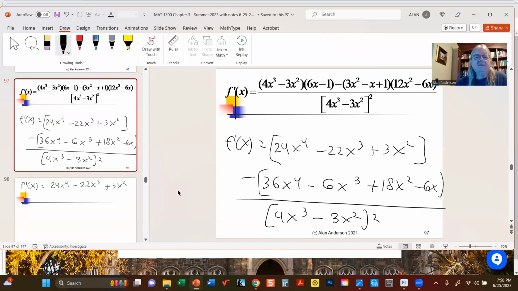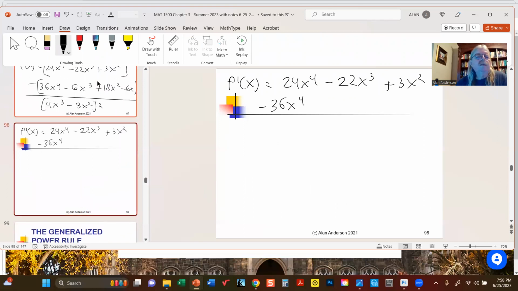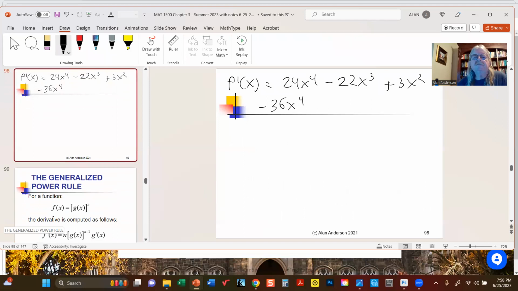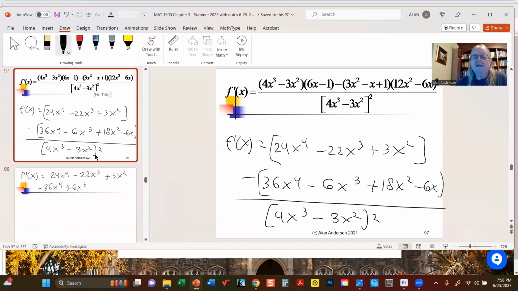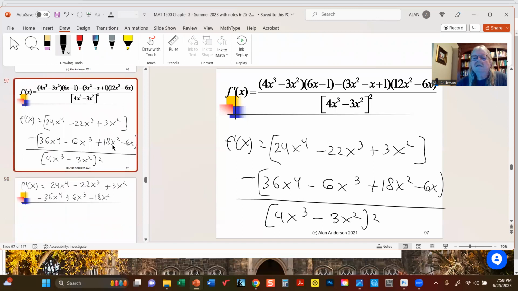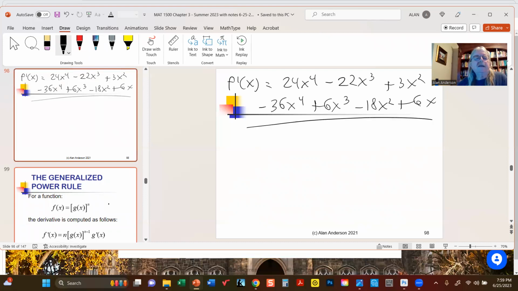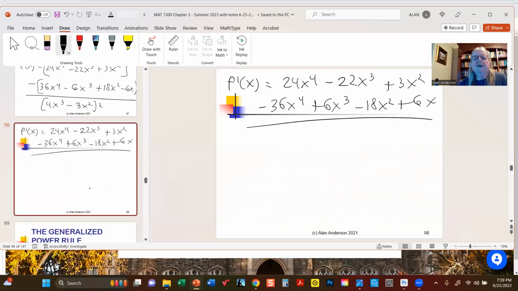So it's negative 36x to the 4 plus 6x cubed minus 18x squared plus 6x, all divided by that same denominator, which is 4x cubed minus 3x squared, squared.